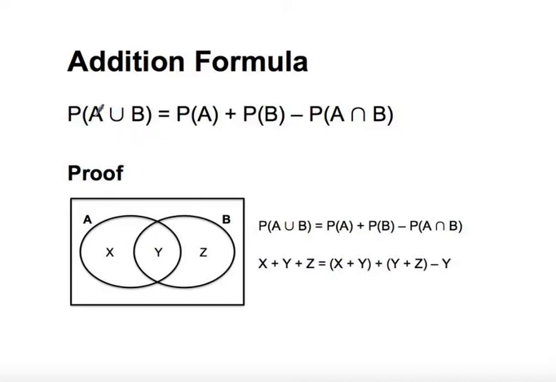So the addition formula states that the probability of A union B is equal to the probability of A plus the probability of B minus the probability of A intersection B. If we have a look at this, probability of A union B, we saw a moment ago, is these 3 sections here added together. So how is that calculated?